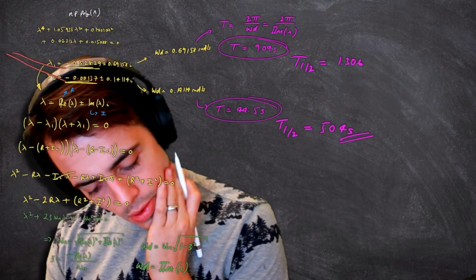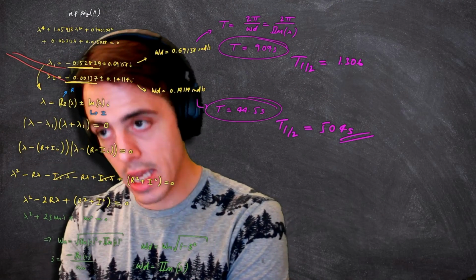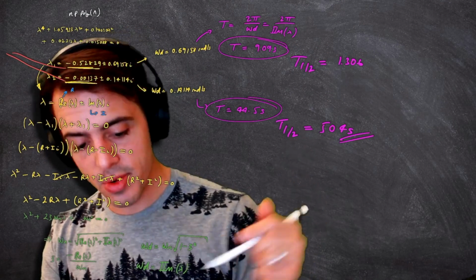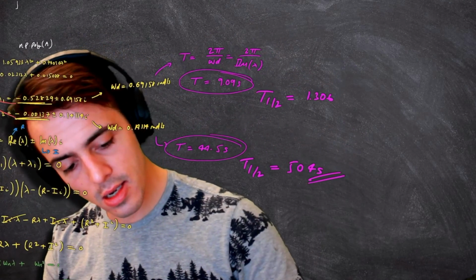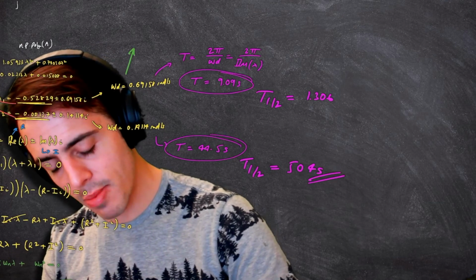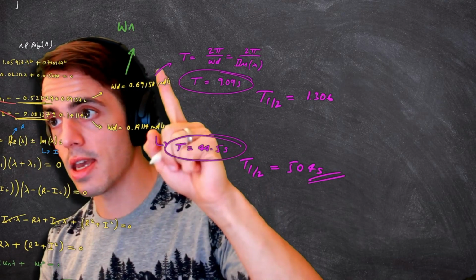One thing I haven't got on here is the damping ratio or the undamped natural frequency omega n. Again, omega n is just the square root of the real part and the imaginary part.